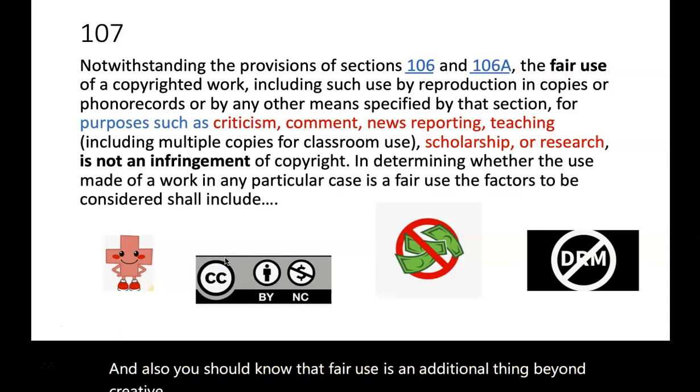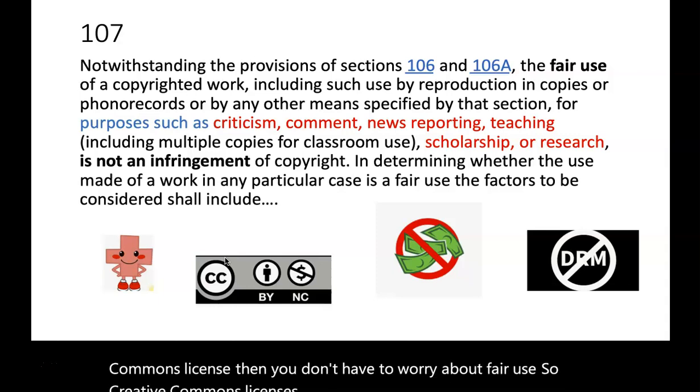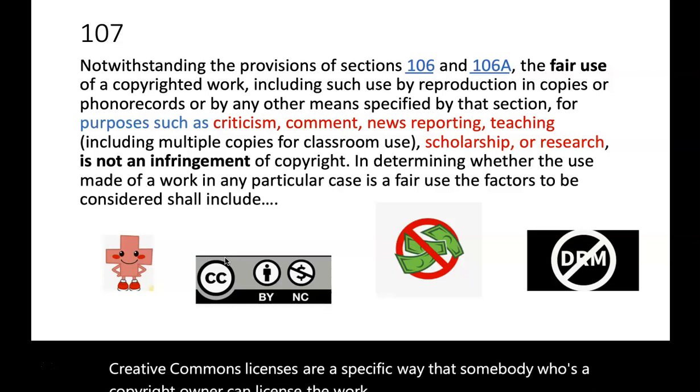So in other words, if you have a Creative Commons license, then you don't have to worry about fair use. So Creative Commons licenses are a specific way that somebody who's a copyright owner can license the work very conveniently to a lot of people.